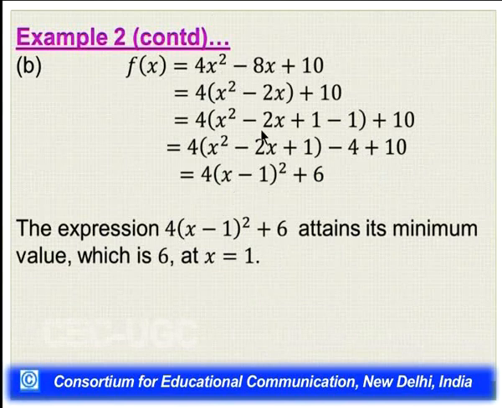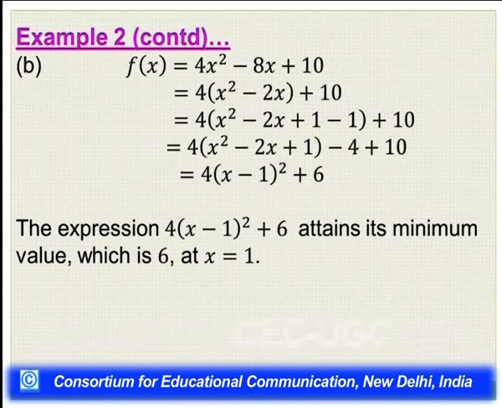Our final function here is 4x square minus 8x plus 10, which in turn can be written as 4 times (x square minus 2x), we take 4 common, plus 10, and then I'm going to add and subtract a 1 because the coefficient of x is minus 2, so I have to add and subtract the square of minus 1 here.